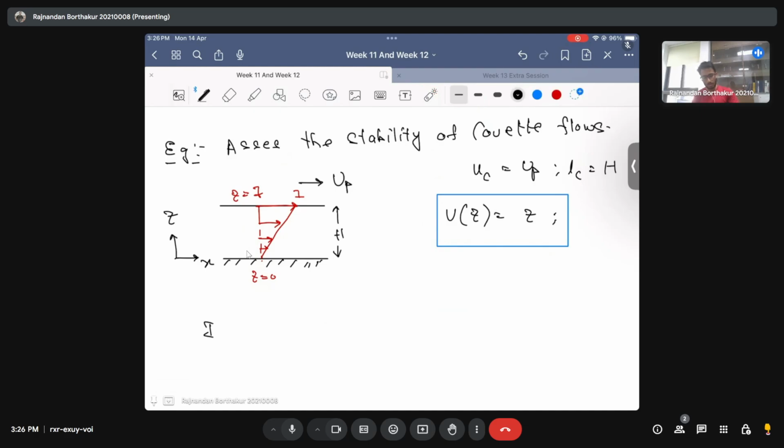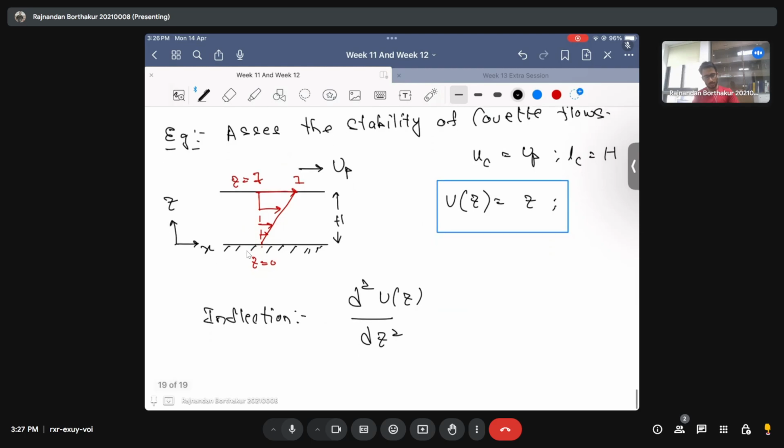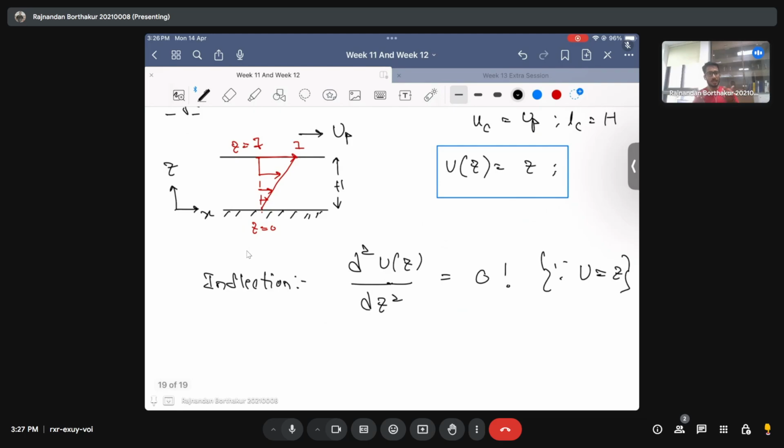The inflection point, by its definition, is where d2u of z by dz2 equals 0. And if you calculate it, this is equal to 0 because my velocity profile is just linear, since u is equal to z. This means that indeed the Rayleigh inflection point criteria is satisfied.